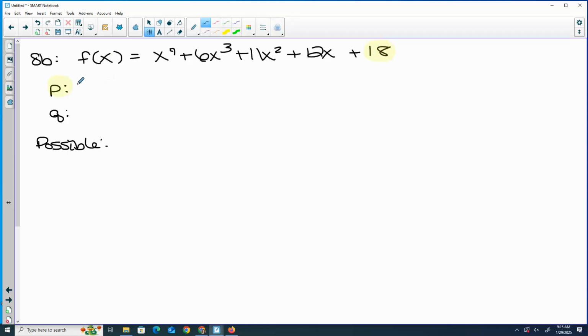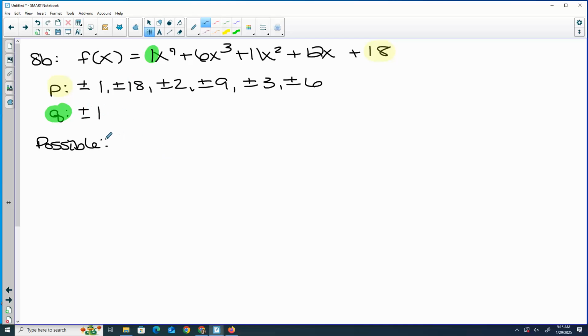What is everything that divides 18 evenly? Q, leading coefficient. So the number in front of x to the 4th. This is just like a 1x to the 4th. What goes into 1 evenly?